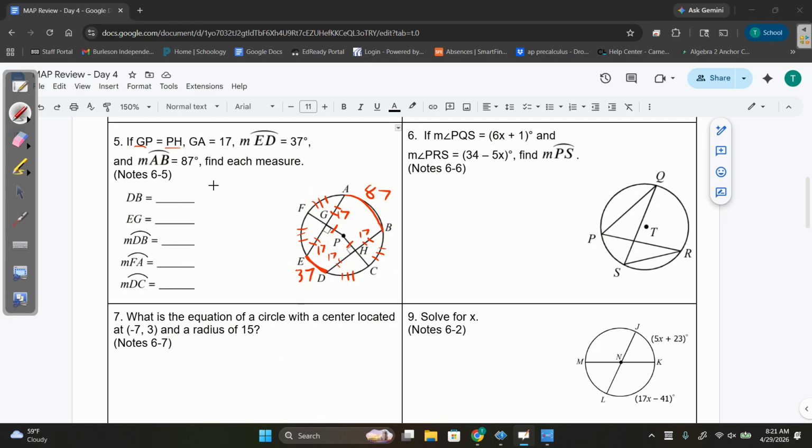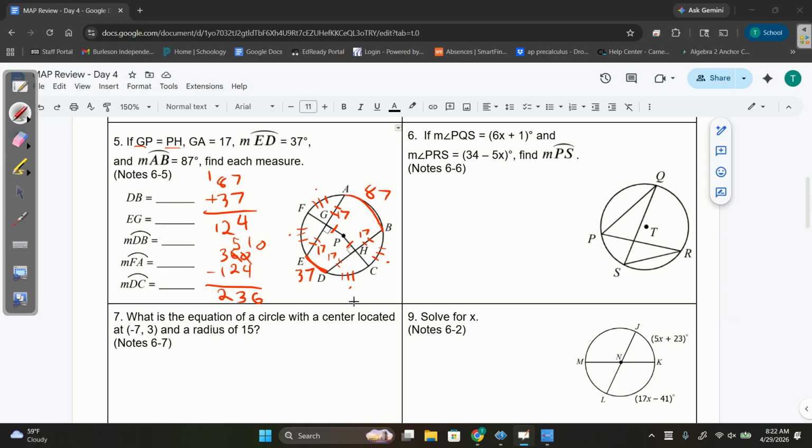So what I'm going to do is 87 plus 37, and then we're going to take however many degrees this is and subtract it from 360. 360 minus 124, and I get 236.